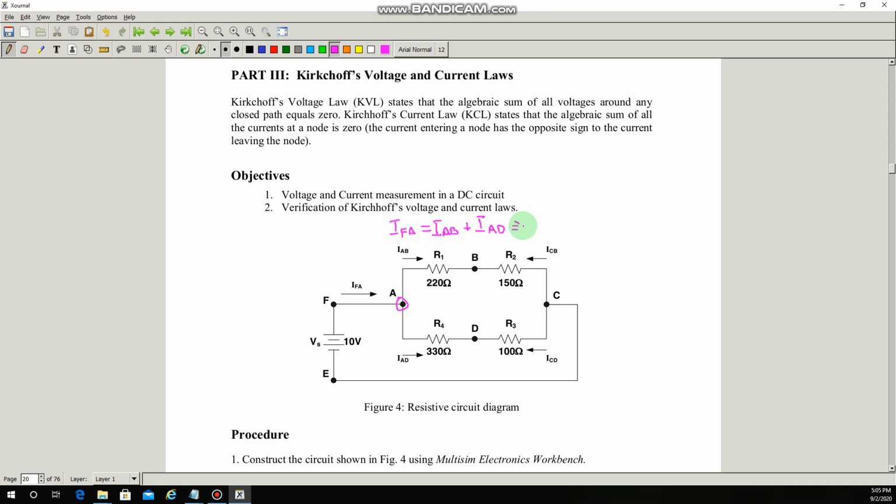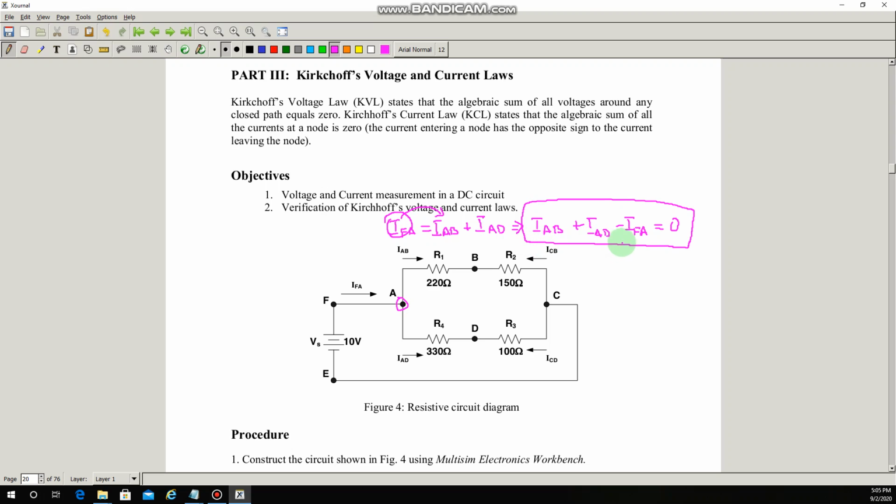I can also write this equation as IAB plus IAD minus IFA equal to 0. What have I done? I have moved this IFA to the right hand side of the equation, and the resulting equation is IAB plus IAD minus IFA equal to 0.